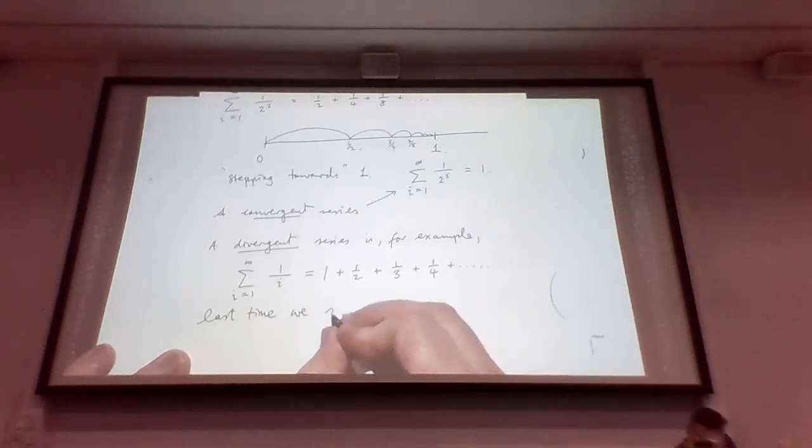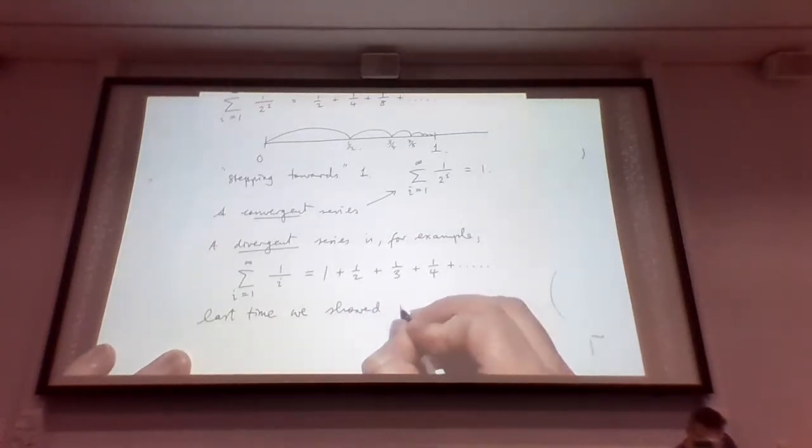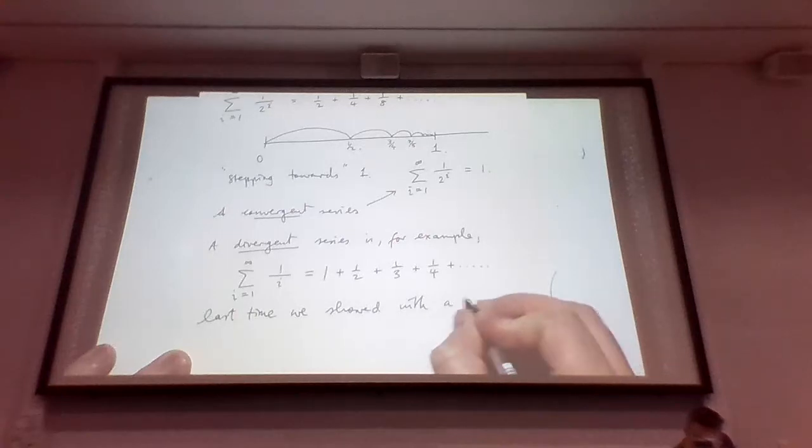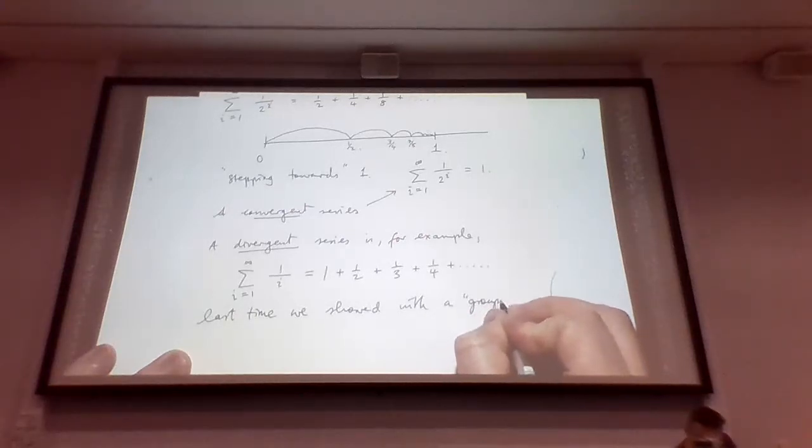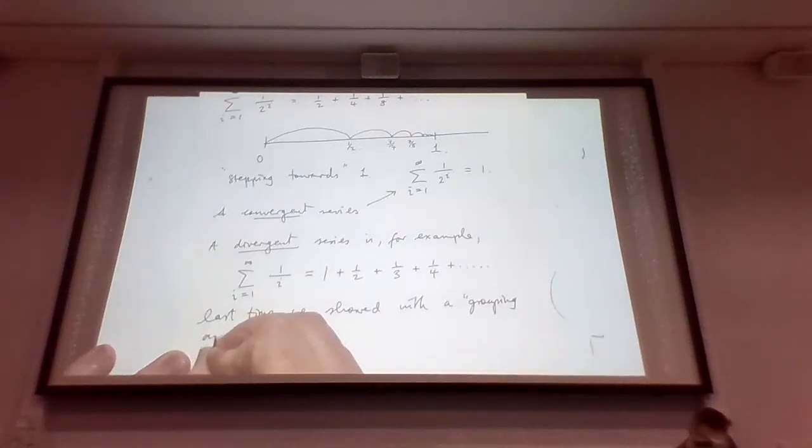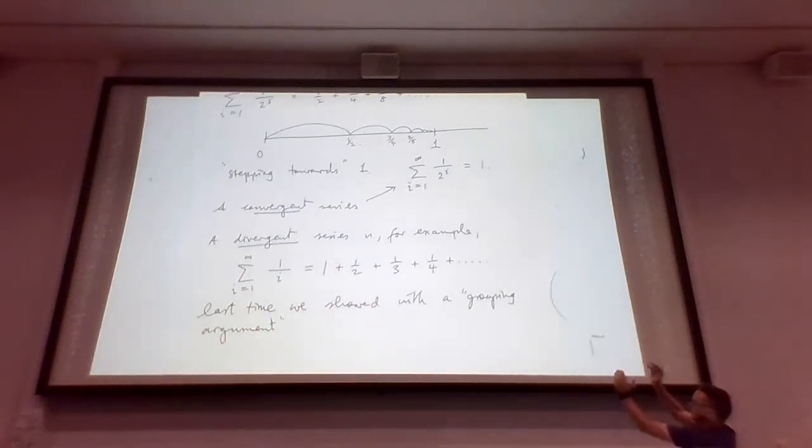Last time we showed with a grouping argument how to partition the terms of this series and demonstrate that you can keep generating halves. Because the third plus a quarter is bigger than a half. The fifth, the sixth, the seventh, and the eighth, when you add them together, are bigger than a half.